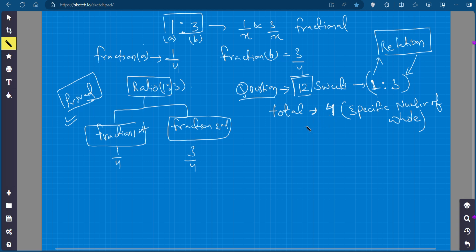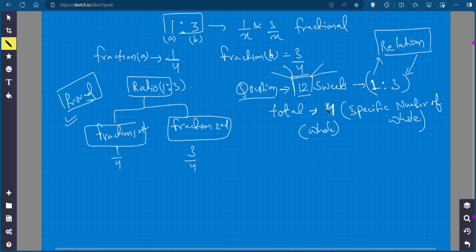It only tells me the whole. Whole is made of whatever you have. This 4 tells you that I don't care whether you have 12 sweets, 12 balls, 12 buildings or cakes, it doesn't matter.